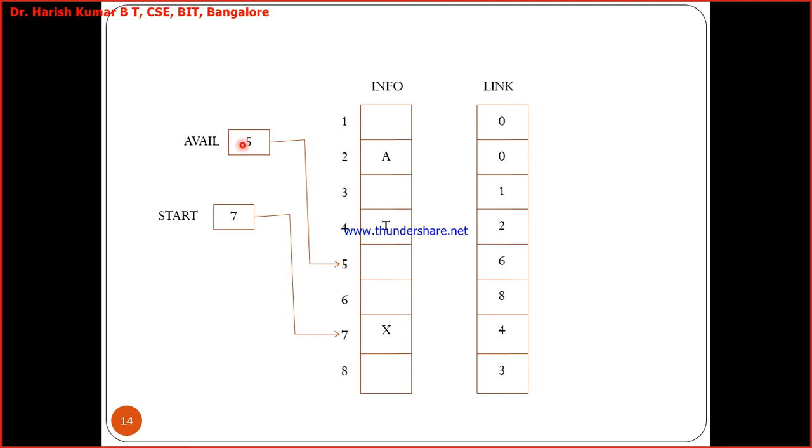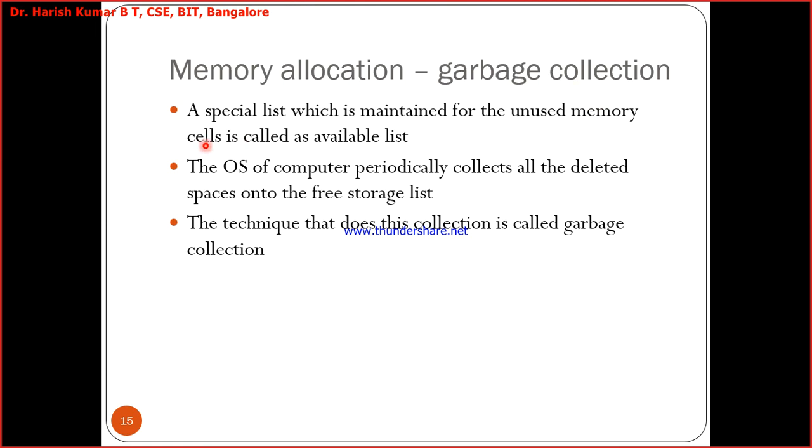So it maintains the list of unused memory cells, and it's called the available list. The operating system of the computer periodically collects all the deleted spaces into this free storage list. Periodically the OS collects the details of all the spaces that are deleted and creates the free storage list.